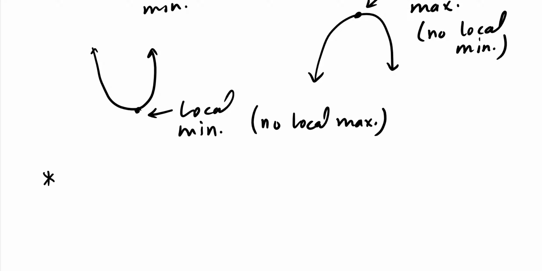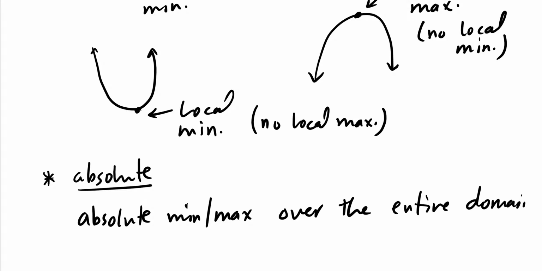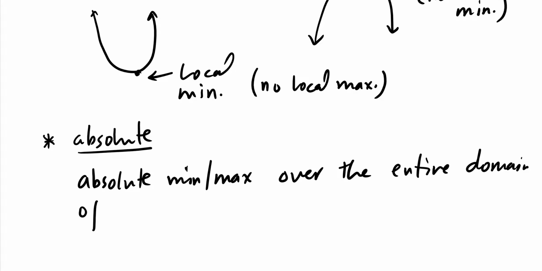So now I'm going to do the intro about the absolute. The absolute min or max occurs, or can be found, over the entire domain of a function or a graph.